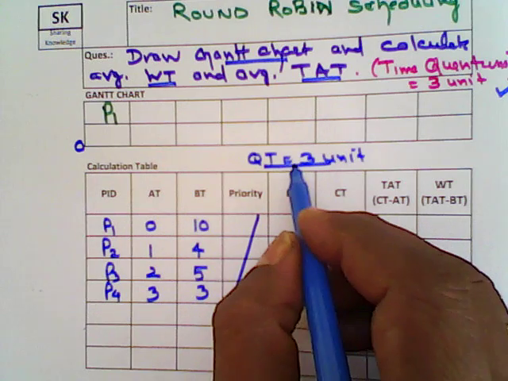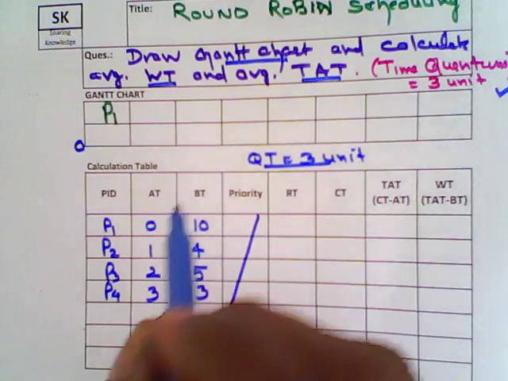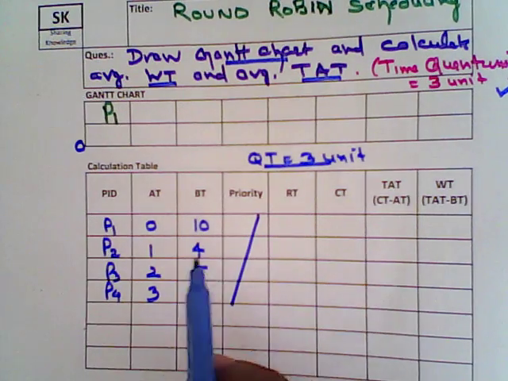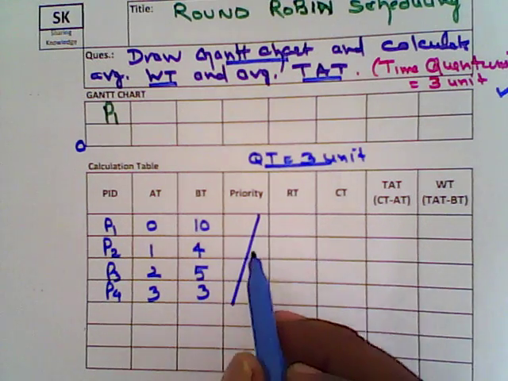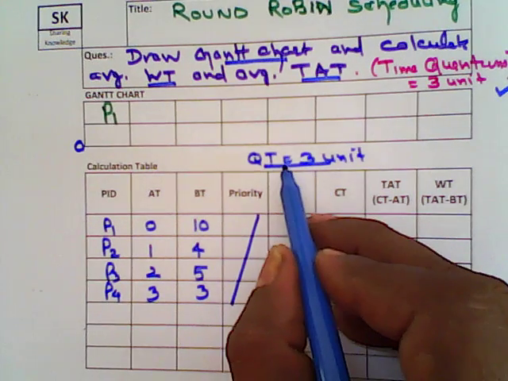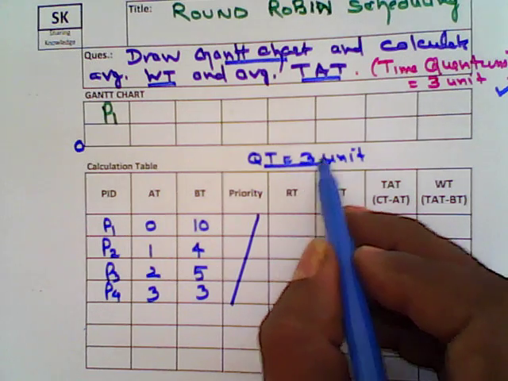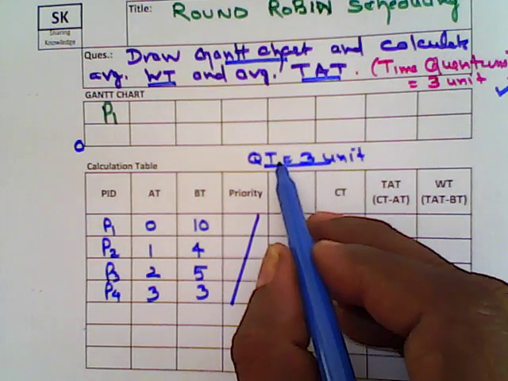Now, as you might have seen in my series of earlier video slides, there we used to consider variable times, either 1 or 2. But here we cannot use variable times because QT is fixed.